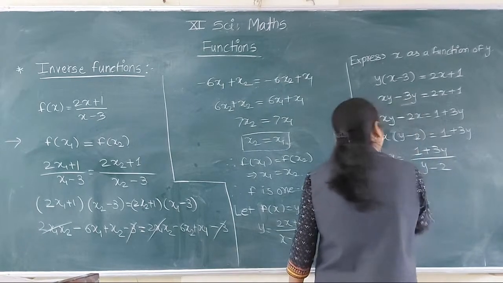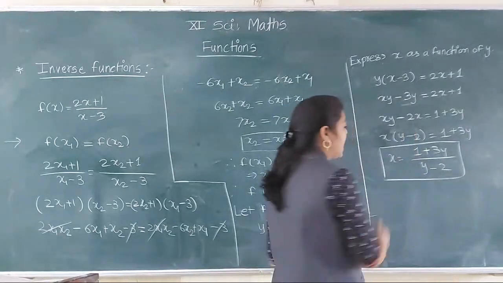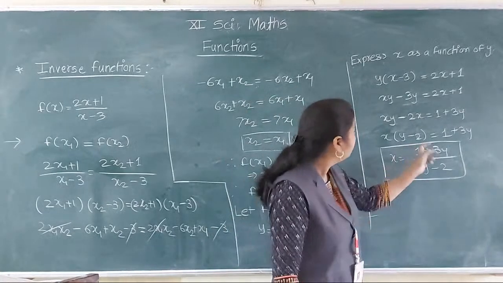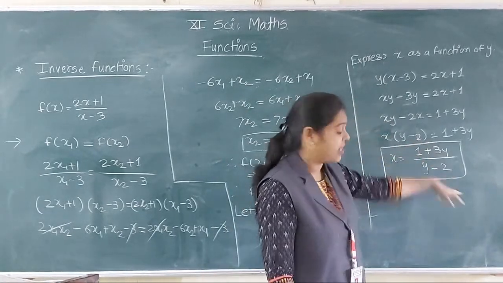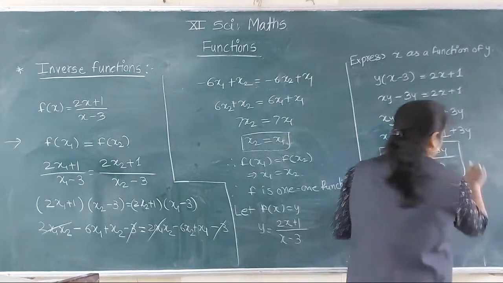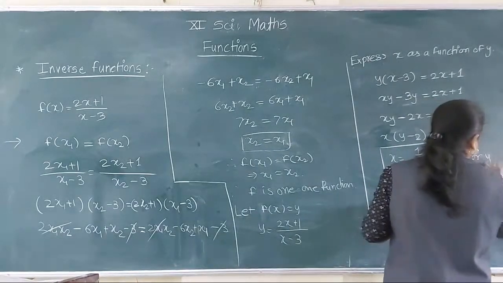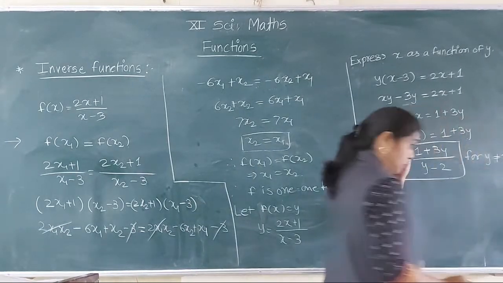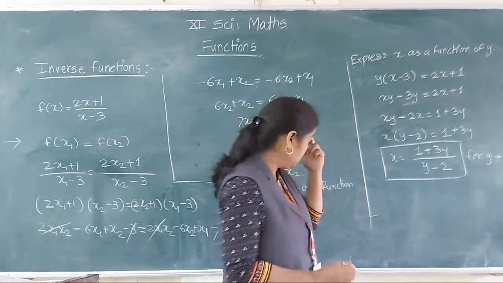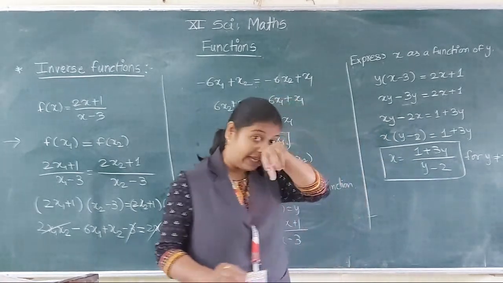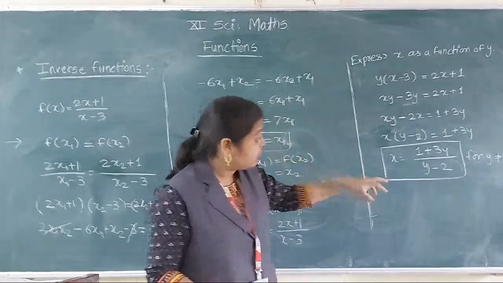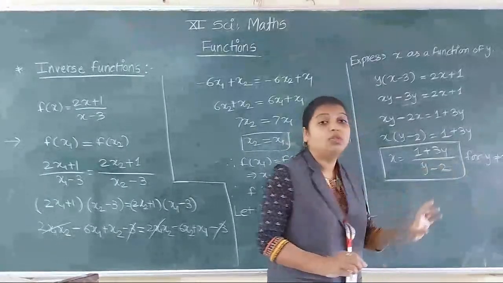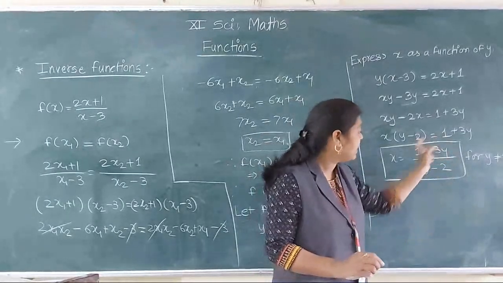So we are able to express x as a function of y. This is for y not equal to 2. So what can we say about the range? If y is taken as 2, then the denominator will be 0.